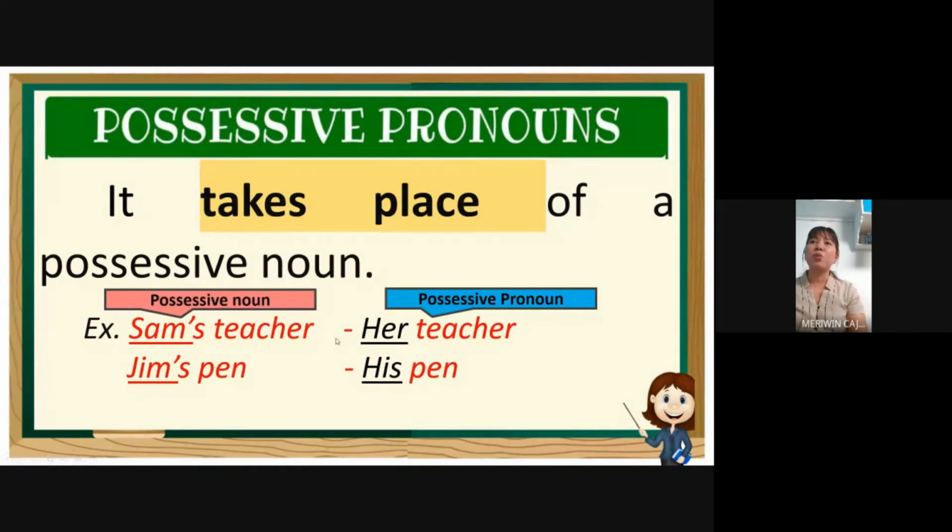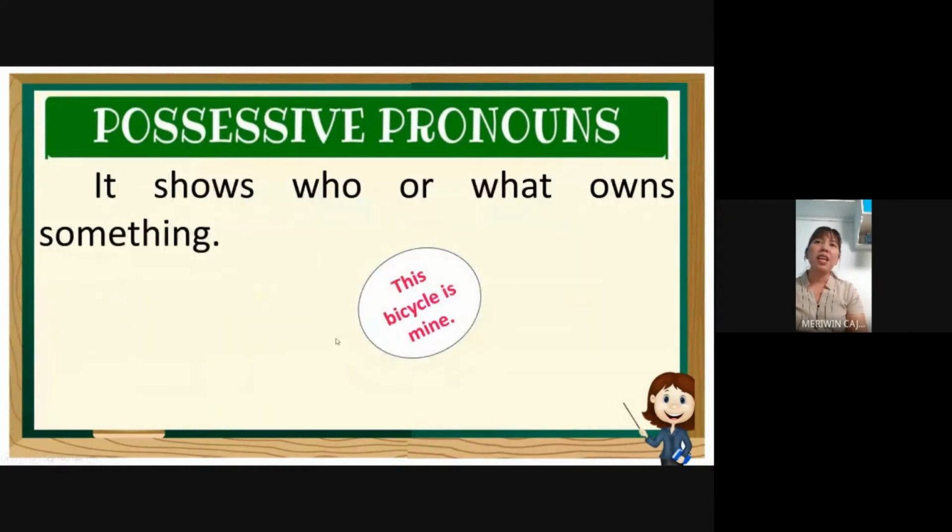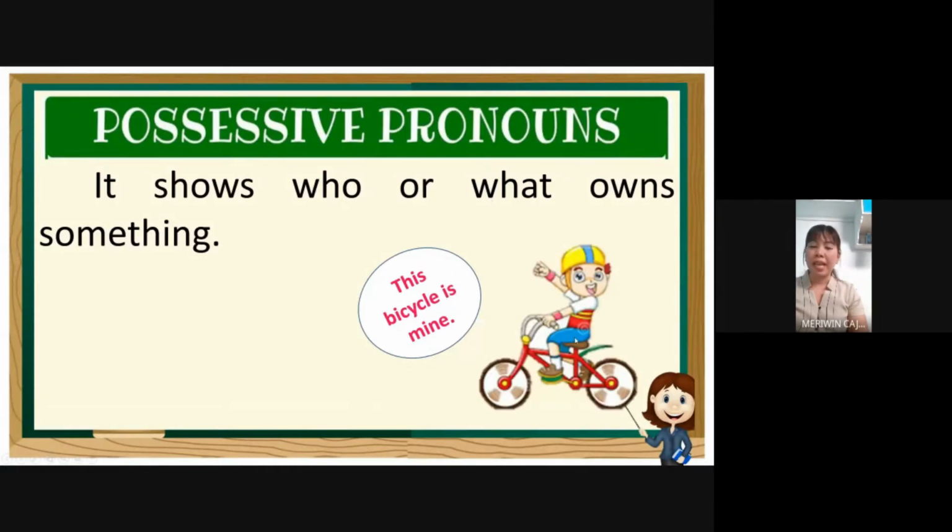Okay, next one. Another meaning is it shows who or what owns something. Who? Who means people, right? People. Okay? And what? Example here is, this bicycle is mine.